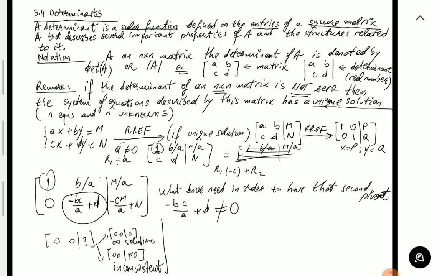So in order to have exactly one unique solution, we need this quantity, minus BC over A plus D, not equal to 0. Now, if we combine these fractions with a common denominator, I multiply the second fraction by A, and I end up with AD minus BC over A, which needs to be not equal to 0.